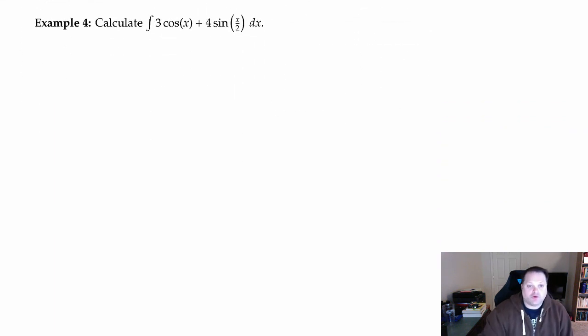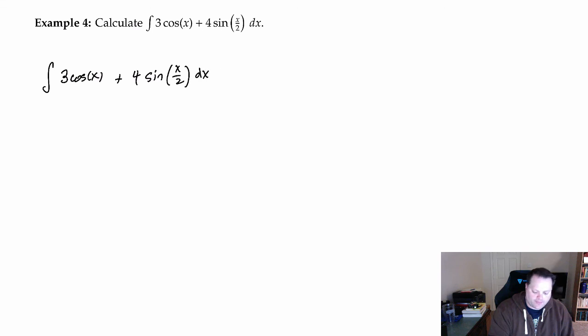All right, we'll do one more here. The integral of 3 cosine x plus 4 sine x over 2 is the integral of 3 cosine x plus the integral of 4 sine x over 2. Factor out constants.